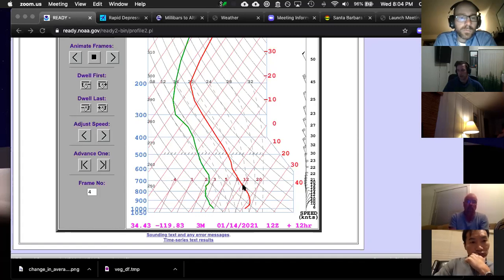We'll talk about that in a little bit. Once these two reach the same temperature, the same density, the air will stop rising. Here we see a bit of an inversion, but what's going on down here doesn't necessarily matter as long as you have a starting energy that will allow you to go through that.